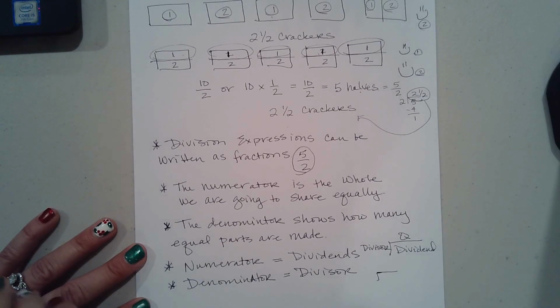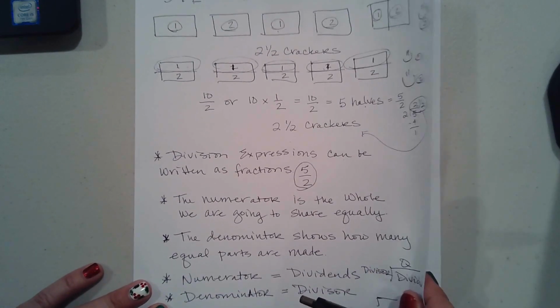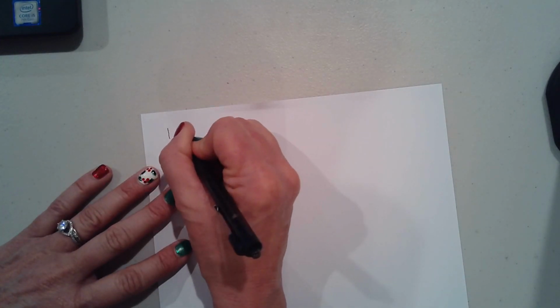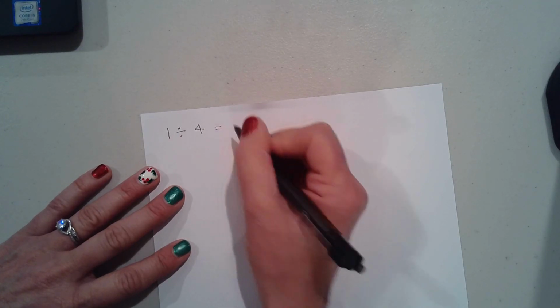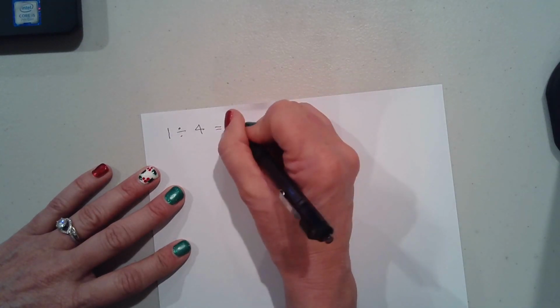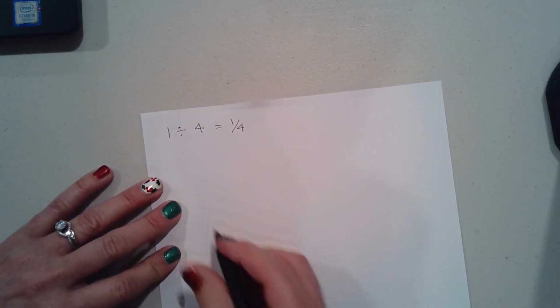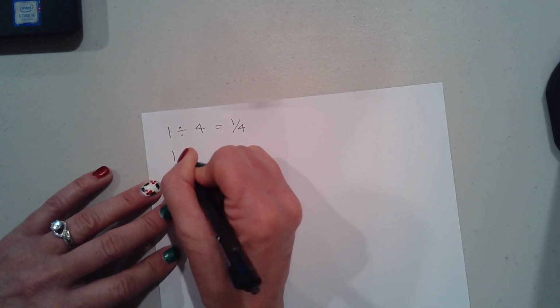Well, let's think this through for just a second. 1 divided by 4 equals 1/4, right? And what is 1 divided by 5?